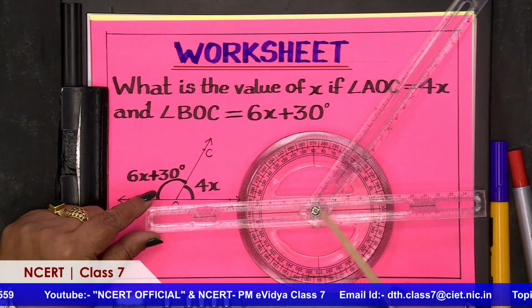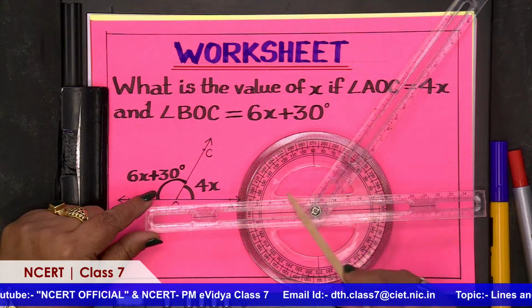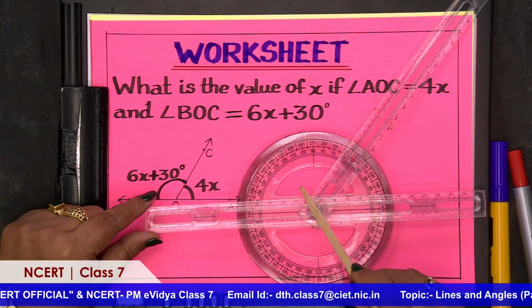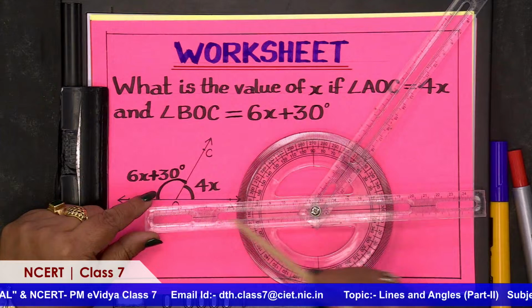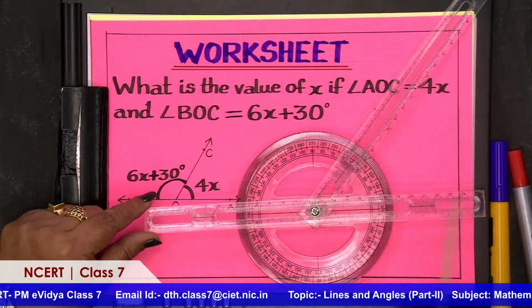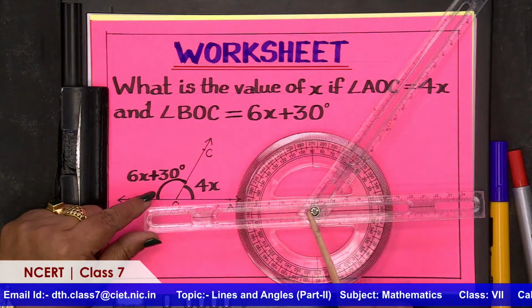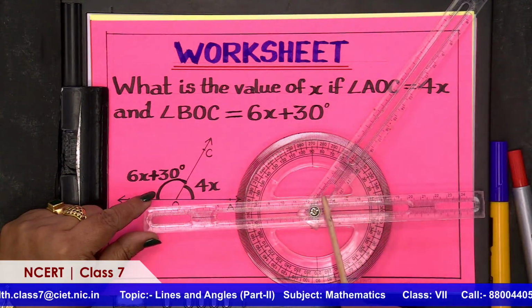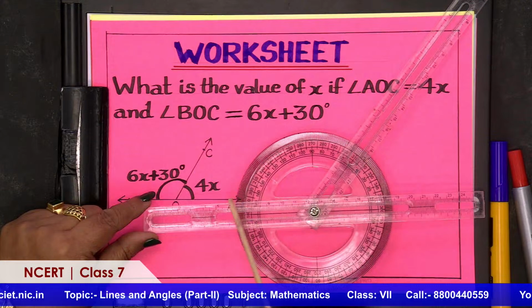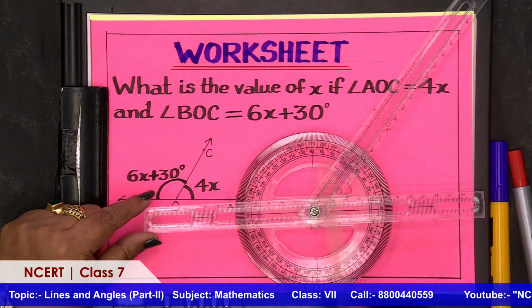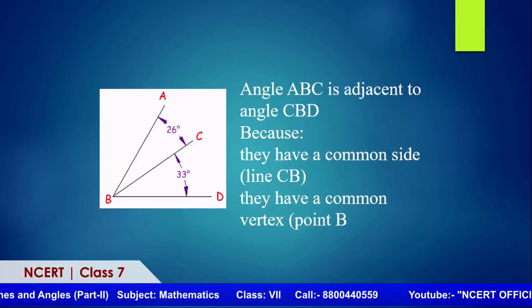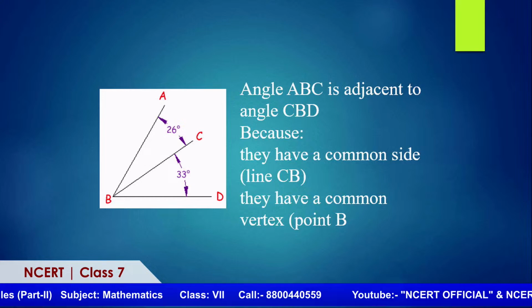So these two angles are adjacent angles because they have a common arm. One angle is this and the other angle is this. They have a common vertex and a common arm. So these angles are said to be adjacent angles. Let us do one question here, based on adjacent angles.